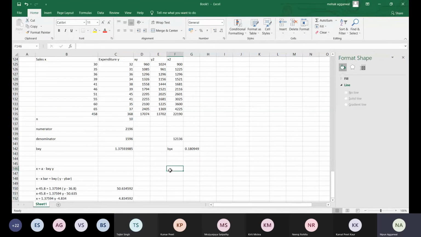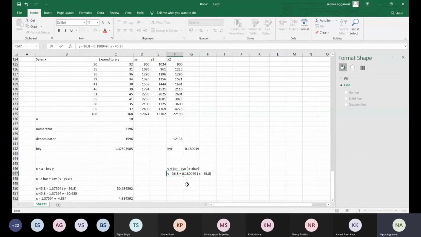Now this line is y on x, so y minus y bar is equal to byx into x minus x bar. You put all the values in the formula: y minus y bar, where y bar is 36.8, is equal to 0.180949 into x minus x bar, which is 45.8.